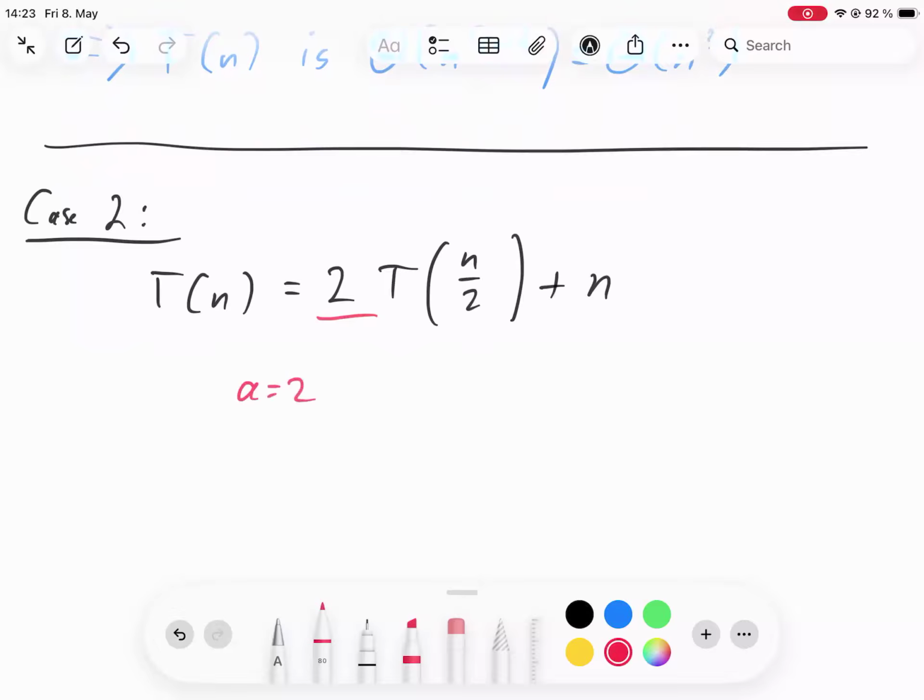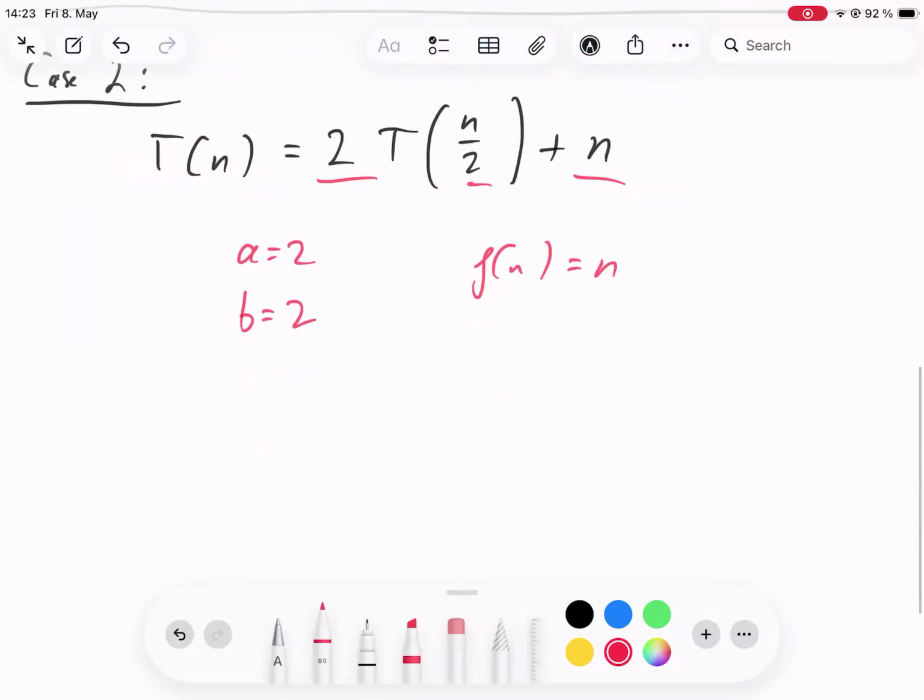So we see a is 2, b is 2, and f of n is n. And we can calculate, first of all, c critical, and c critical, remember, is log base b of a, which is the binary logarithm of 2, which is just 1. So c critical is 1.